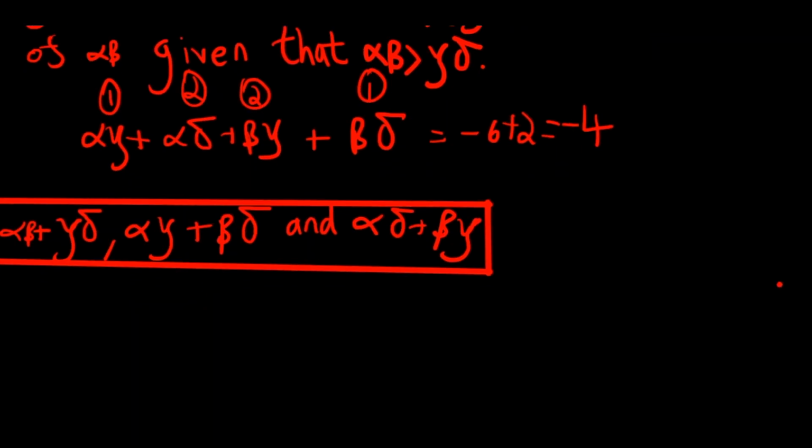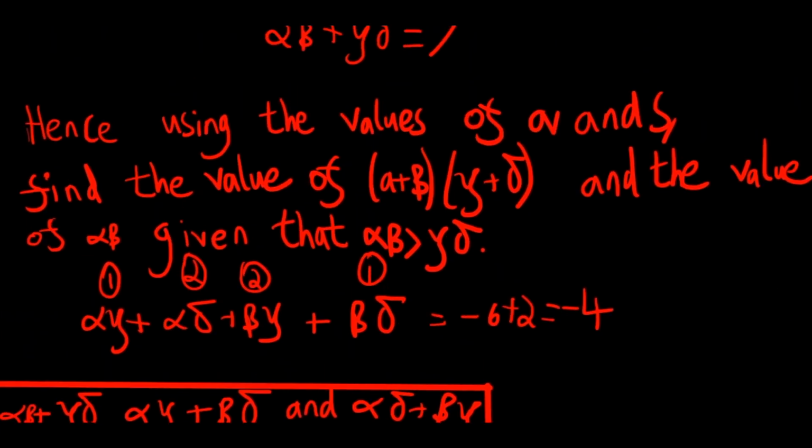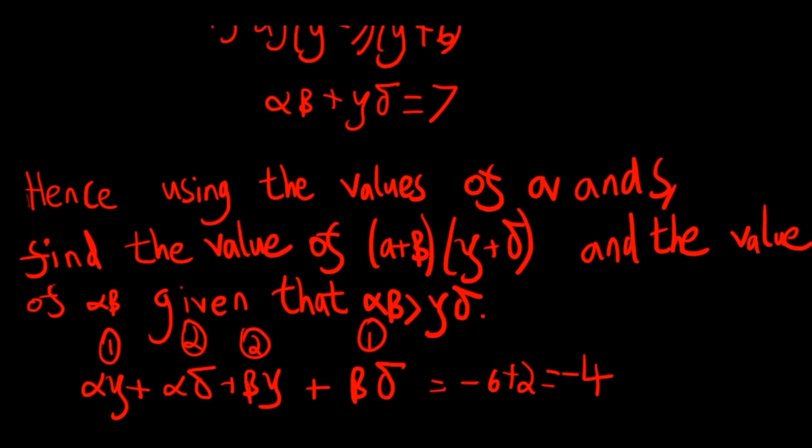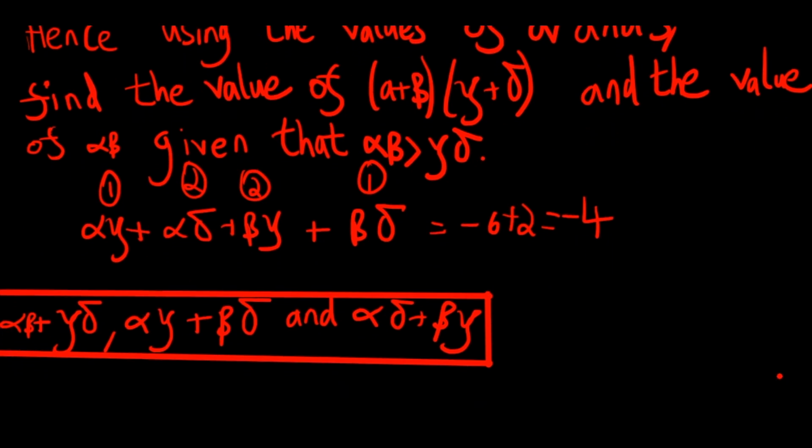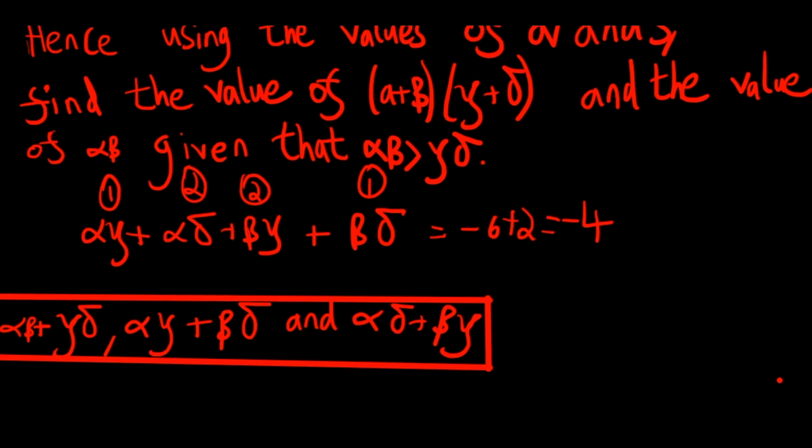Okay, so now we need to find out the value of alpha beta. So we already know a relationship that relates alpha beta and gamma delta, and that is that the sum of those two terms is equal to 7. So what we could do as a method of attack is try to find another equation that links both of these two terms.